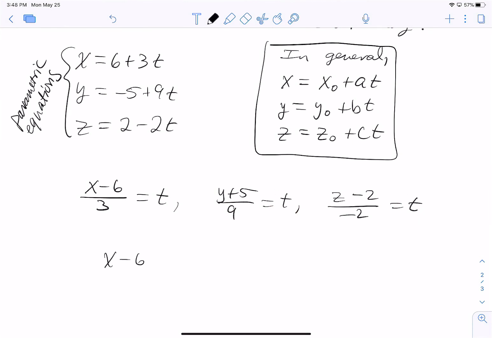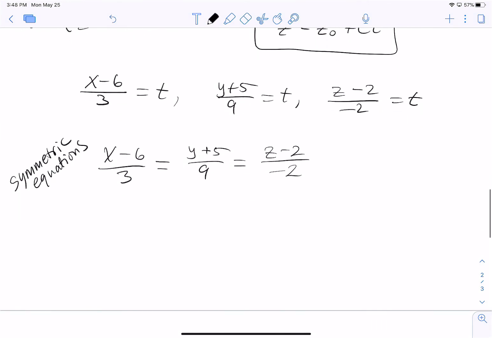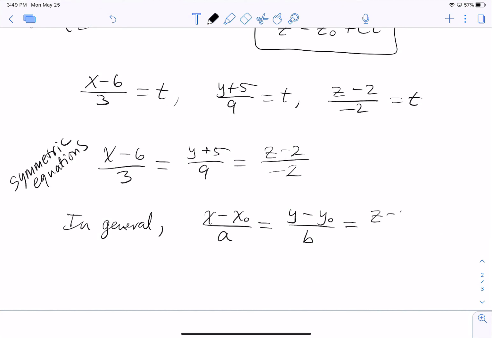And so (x - 6)/3 = (y + 5)/9 = (z - 2)/(-2). These are called symmetric equations of a line. And in general, they look like (x - x₀)/a = (y - y₀)/b = (z - z₀)/c.